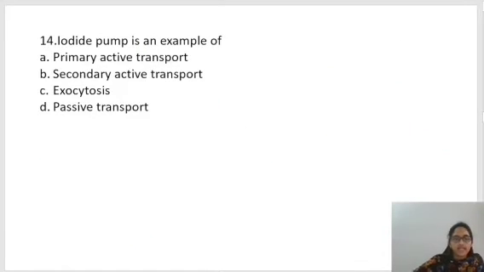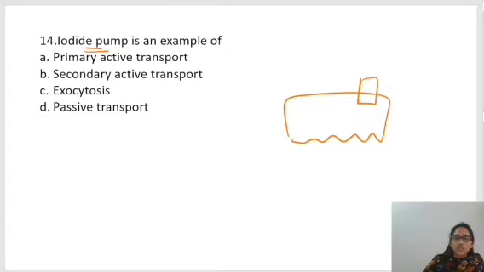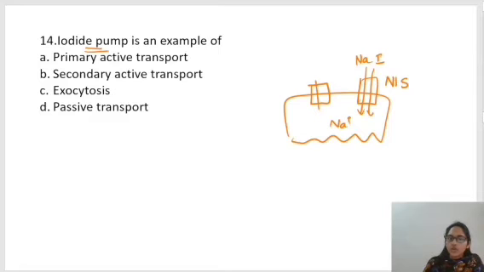Iodide pump is an example of secondary active transport. First understand where the iodide pump is. It is present in the follicular cells. So here I have to transport iodine inside the thyroid cells. It is done by sodium iodide symporter. So if I have to maintain sodium concentration inside the cell, what will I be using? I will be using sodium potassium ATPase pump.